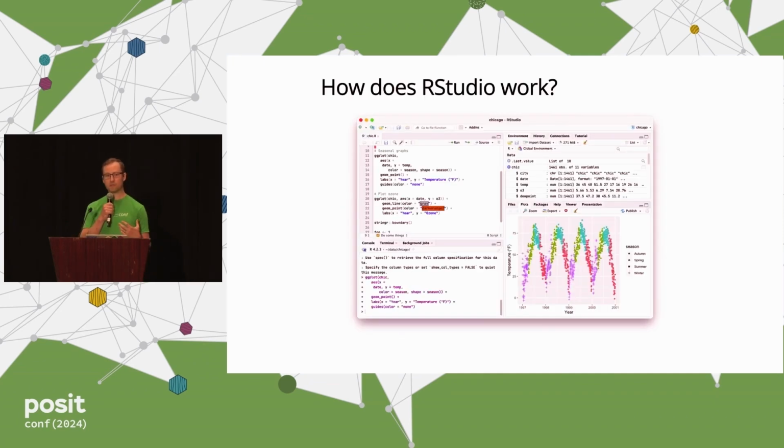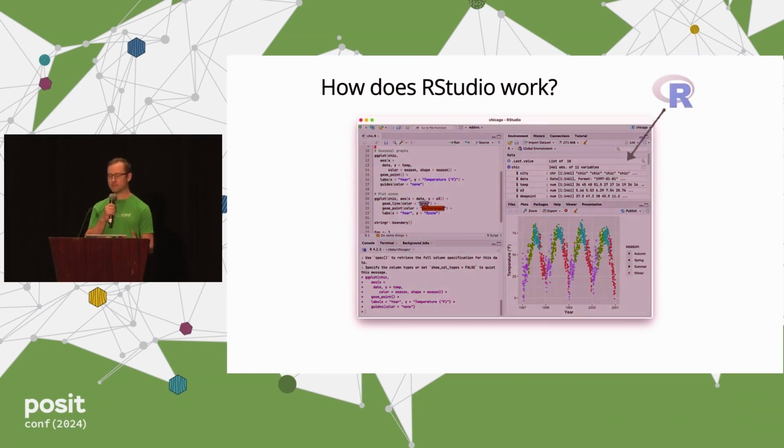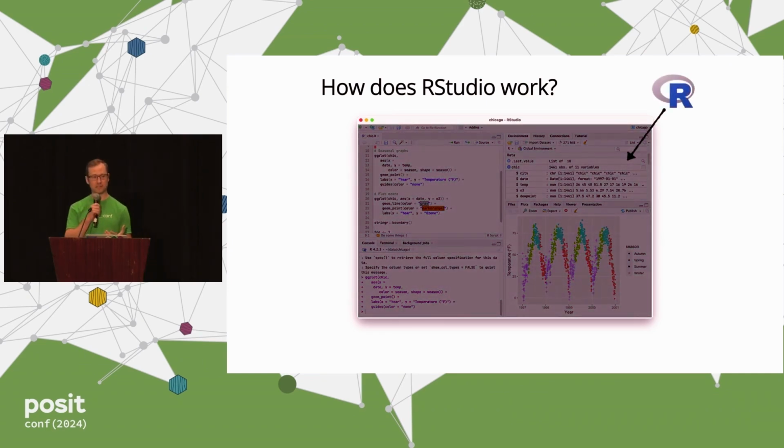So to understand why it's very difficult to build a truly polyglot IDE on the foundation of RStudio, you need to understand a little bit about how RStudio itself works. So in RStudio, it's basically a two-process system. Everything that is inside the RStudio window comes from one process that runs R, all the computations that you do.